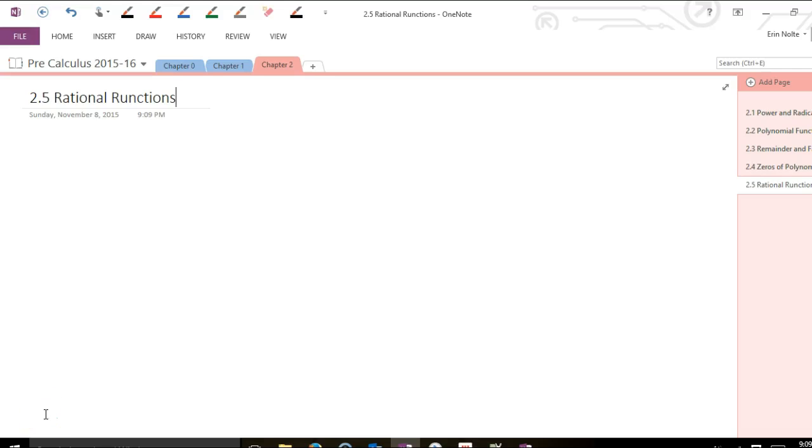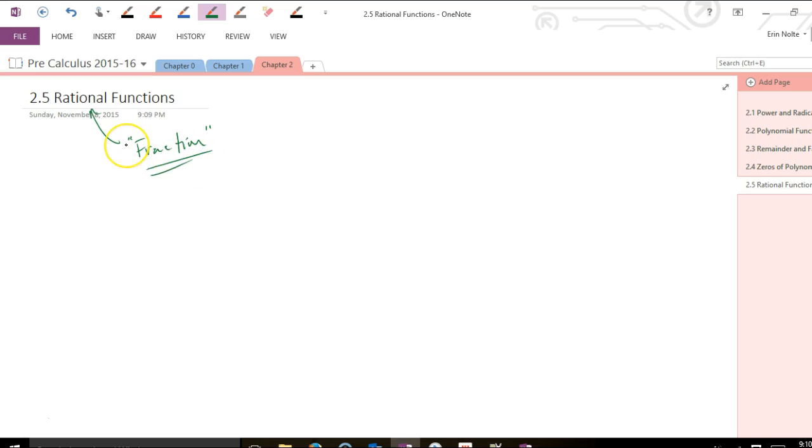Hi guys. So today I'm going to show you 2.5, which is called rational functions. You guys remember what rational means, right? Rational is something that you can write as a fraction.